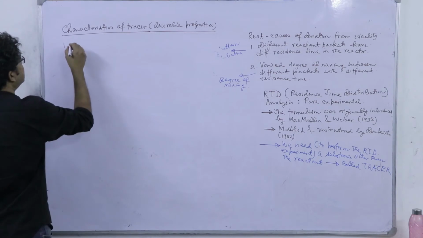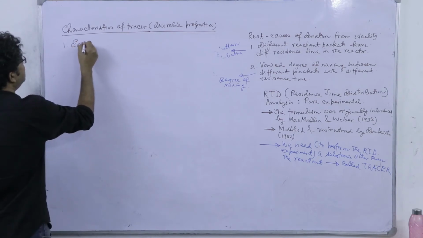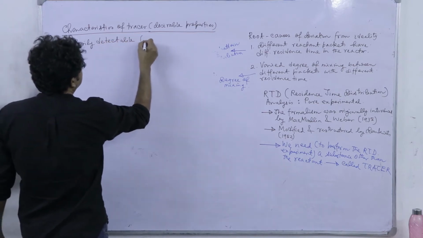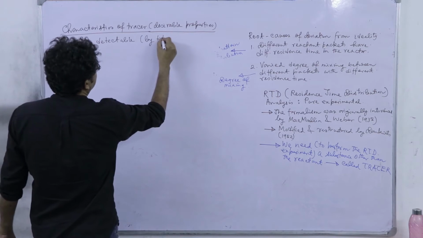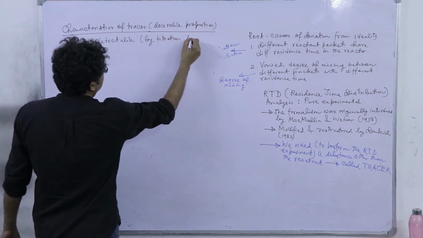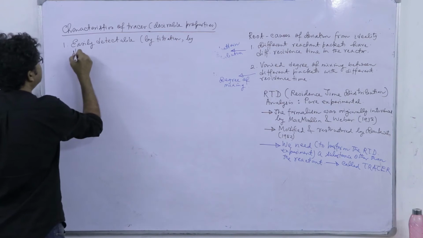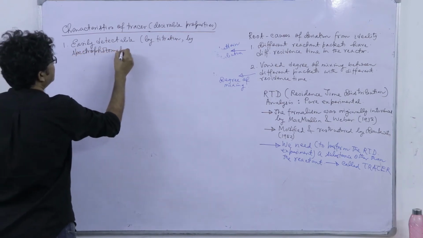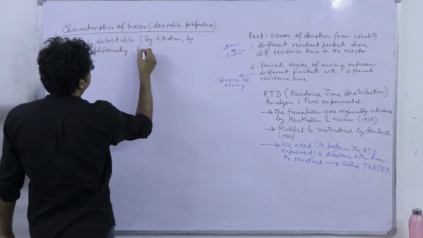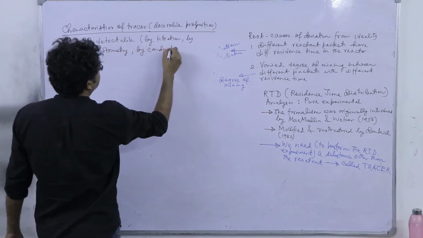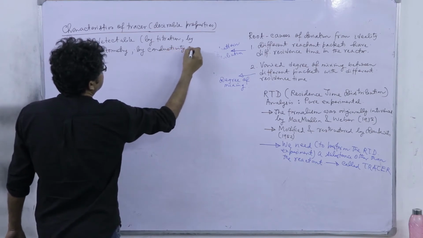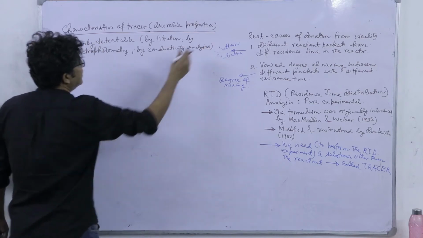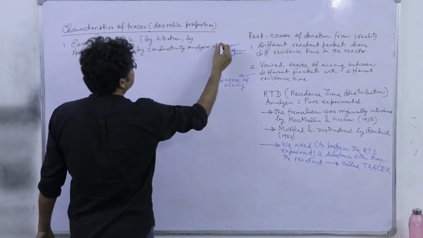Number 1, easily detectable by titration, by spectrophotometry, by conductivity analysis, etc. These are the common tracers.